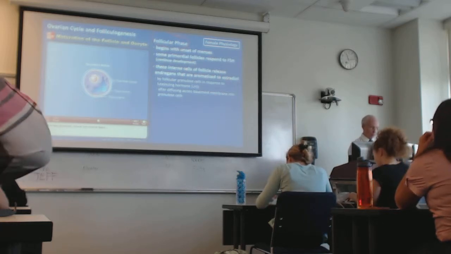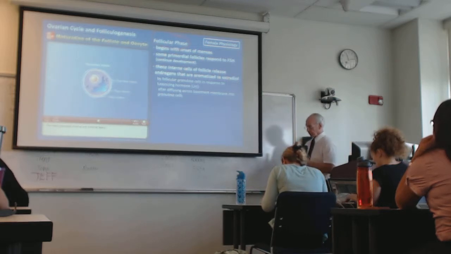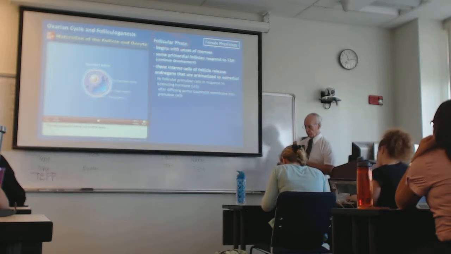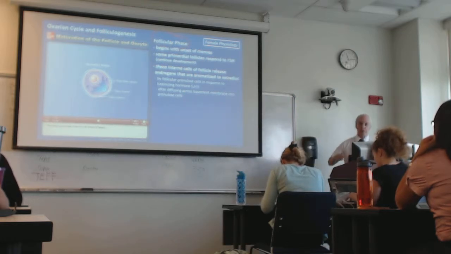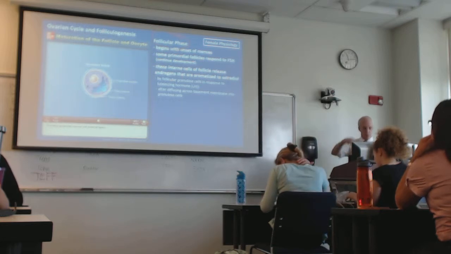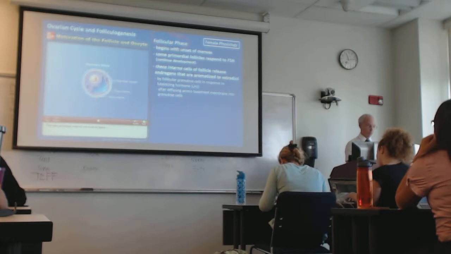And what tends to happen, remember, the ovary is not only the tissue responsible for gametogenesis. The ovary is also the endocrine tissue that releases the primary hormones, in this case, estrogen. And we talked about this important relationship between gametogenesis and steroidogenesis before.